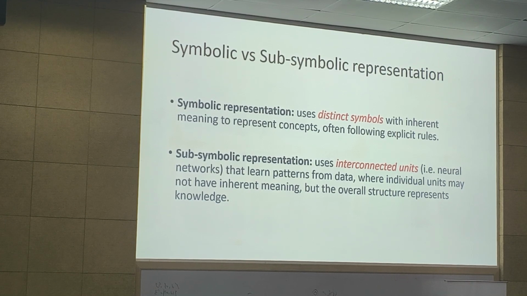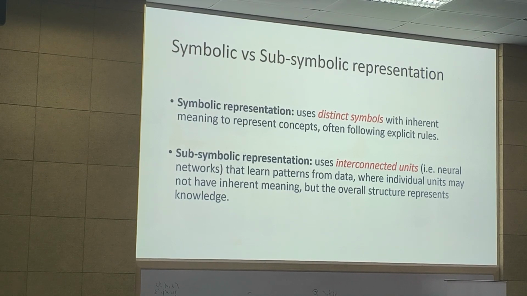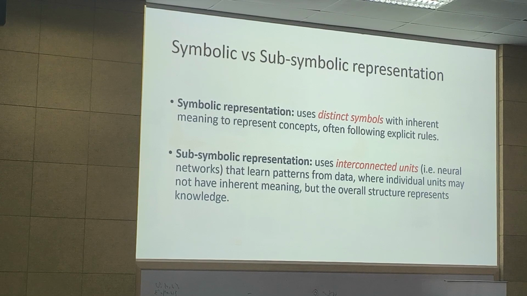Sub-symbolic is what we usually get in a neural network, because we don't necessarily need to represent all the data, but we have some kind of algorithm that can learn from this network. So it's basically learning from data. Okay, so this is the difference between symbolic and sub-symbolic systems.